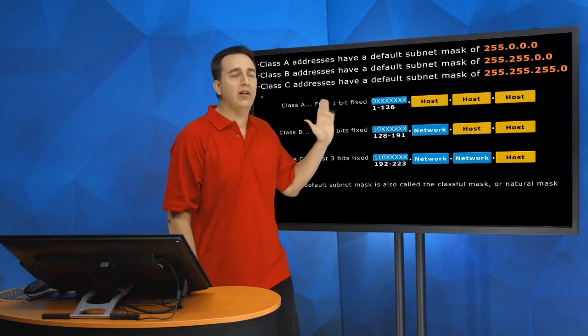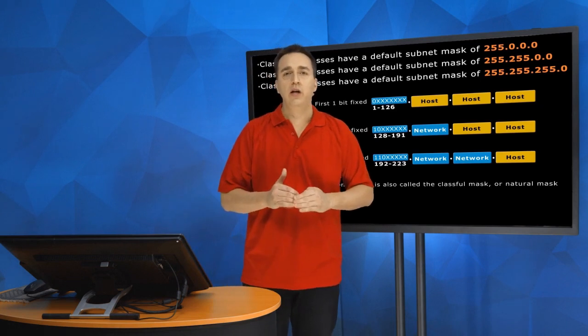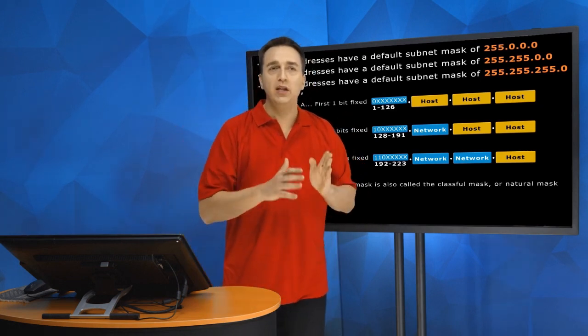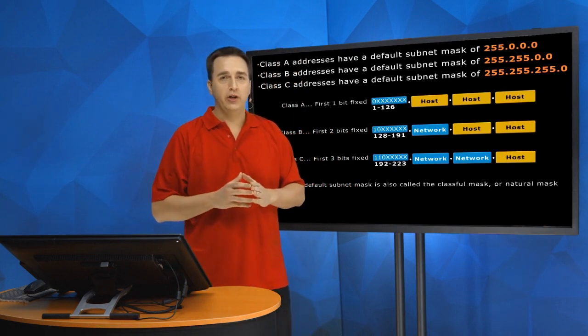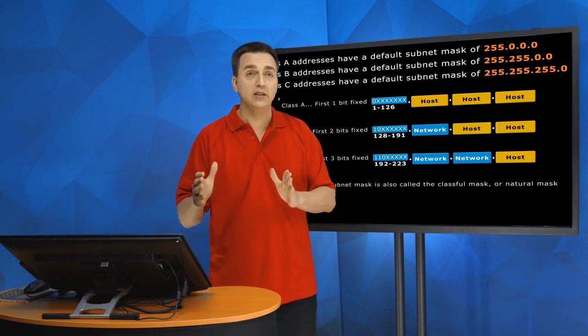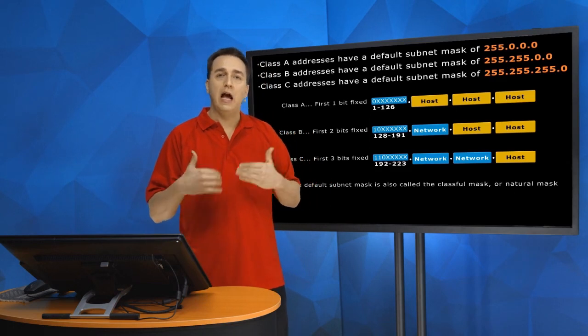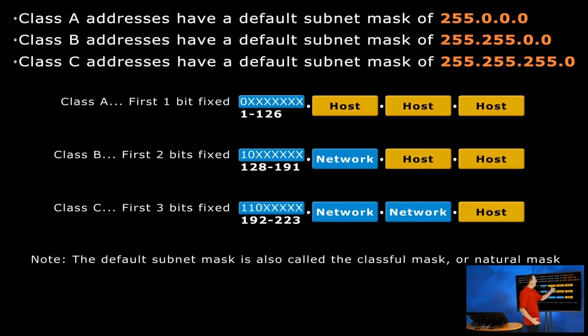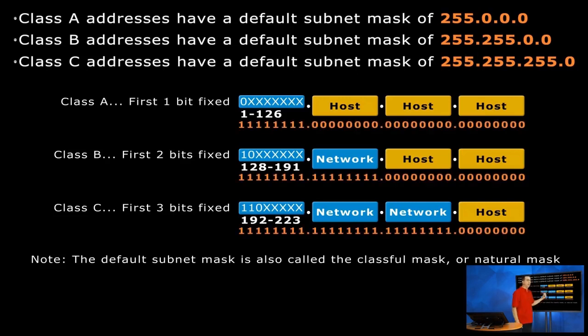So look at the Class A address. By default, the entire first octet is the network. The last 3 octets are the host. Now, how does that happen? It happens based on the subnet mask. So we analyze our subnet masks here in binary.